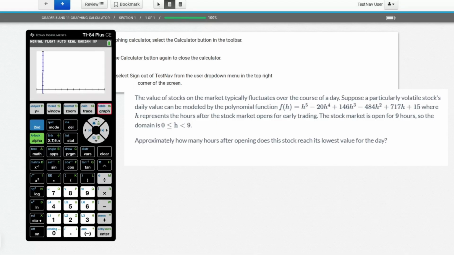I don't see much of anything right there, which means this graph is huge. So what I'm going to do is change my window and change the y max to 100 and just see what happens. Didn't do me any good. So let's change it to 1,000 and just see what happens.